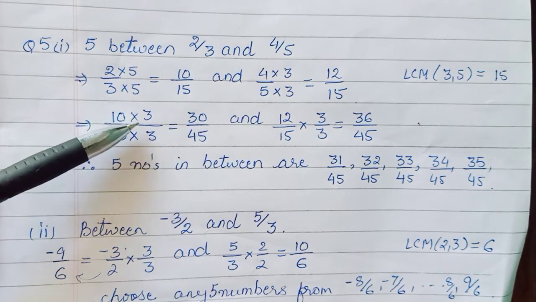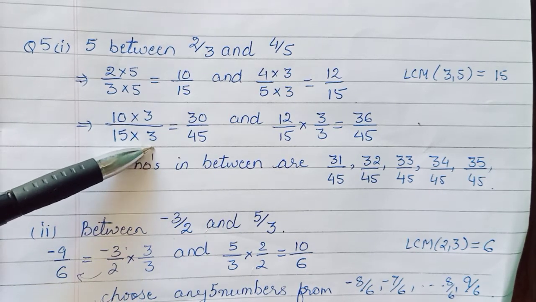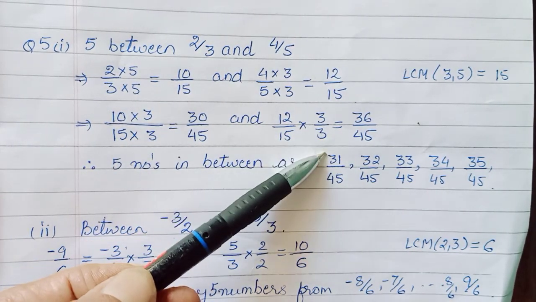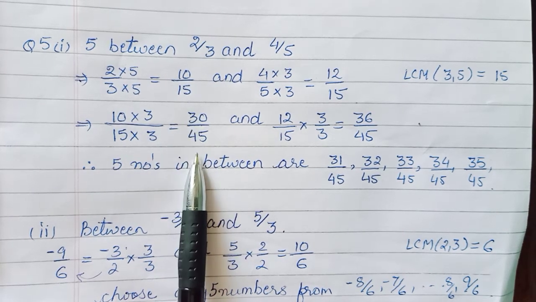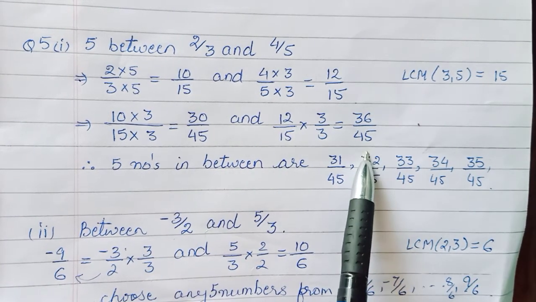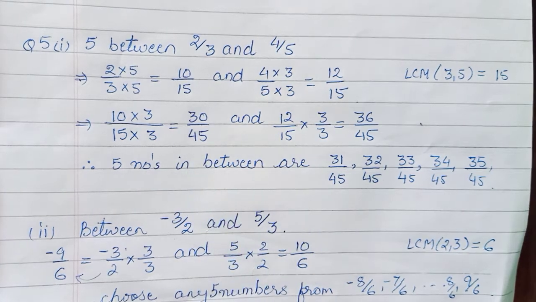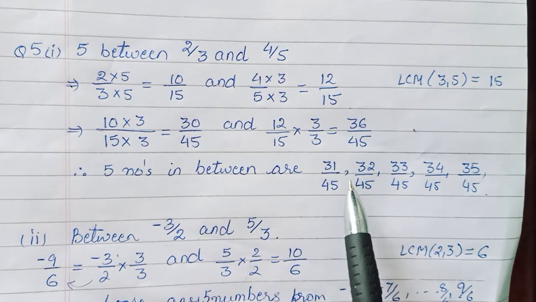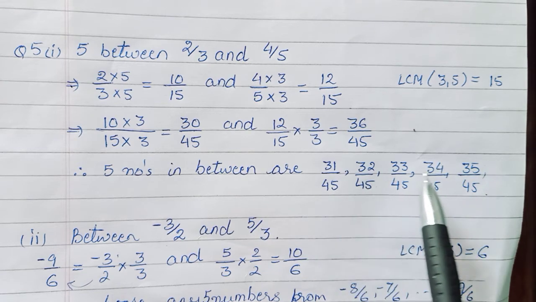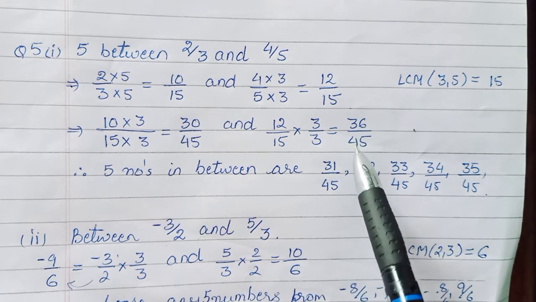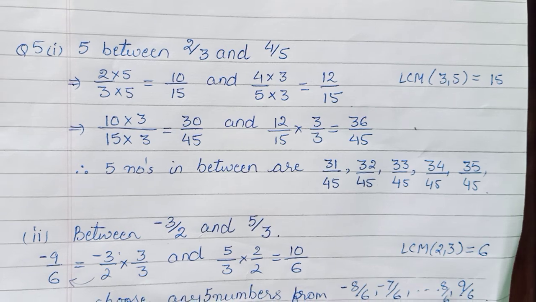Rather than just 2, I have multiplied it by 3 and 3 each. So this number now increases to 30 upon 45 and this one to 36 upon 45. Now between 30 and 36 we have 5 numbers: 31, 32, 33, 34, 35, of course with denominator 45 written there. So that is how we can do it.